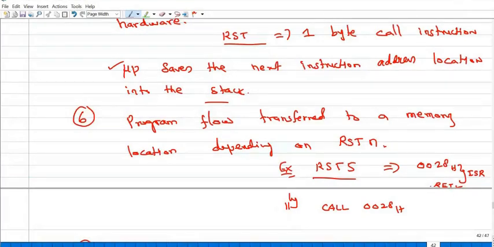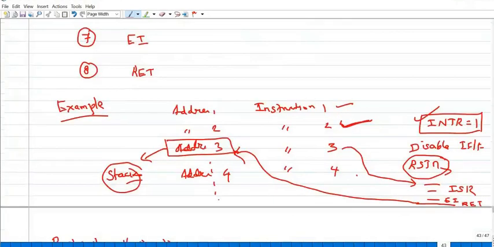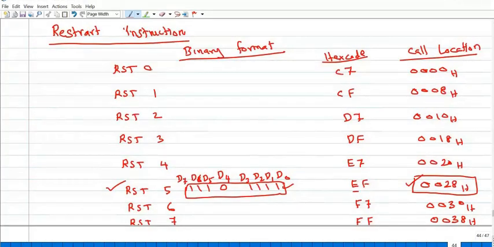When the return instruction is executed, the address saved in the stack memory is retrieved, and then the processor starts the normal execution. So this is the way the microprocessor handles the interrupts. And for restart 0 to restart 7 instructions, we have the corresponding call location and hex code for every restart instruction.